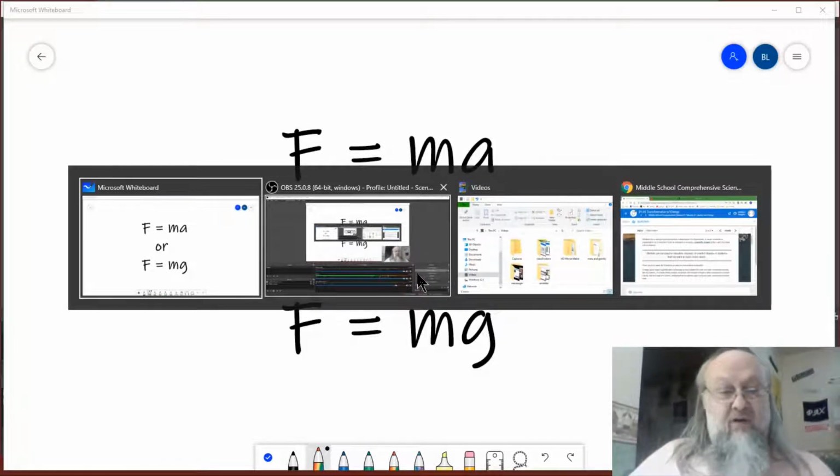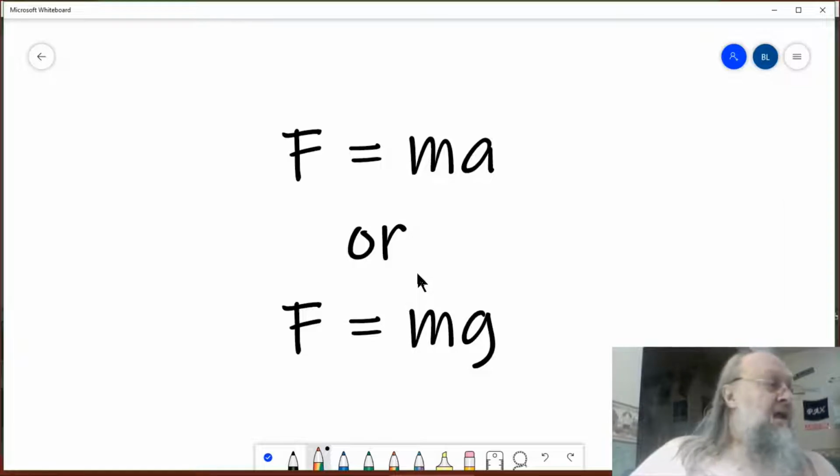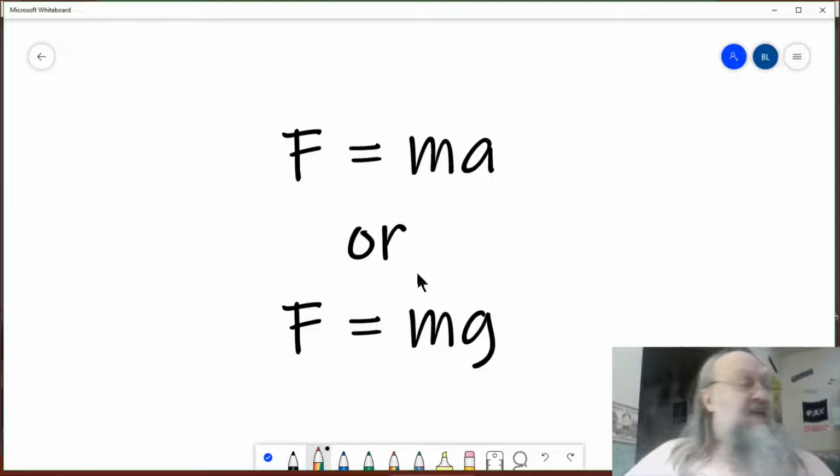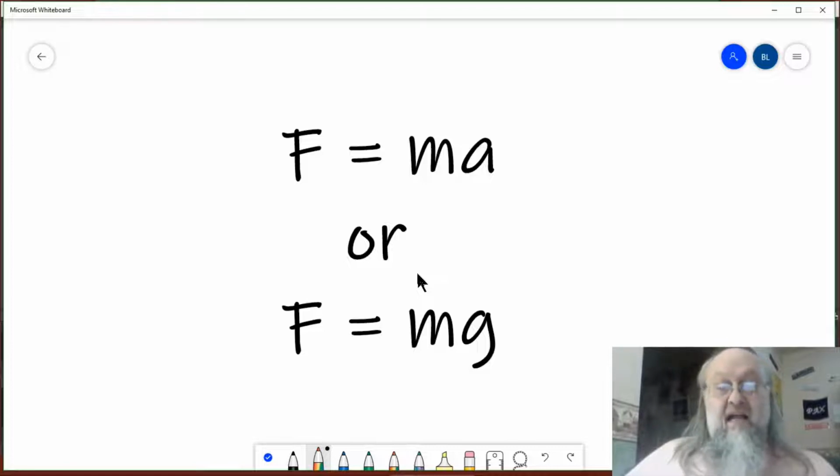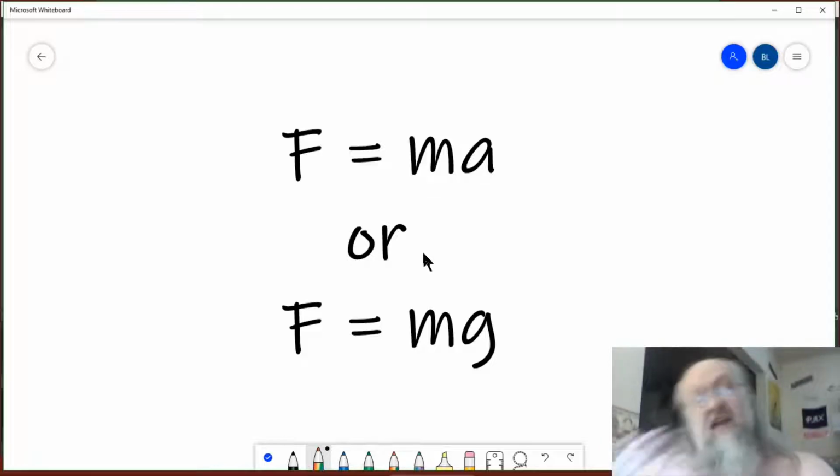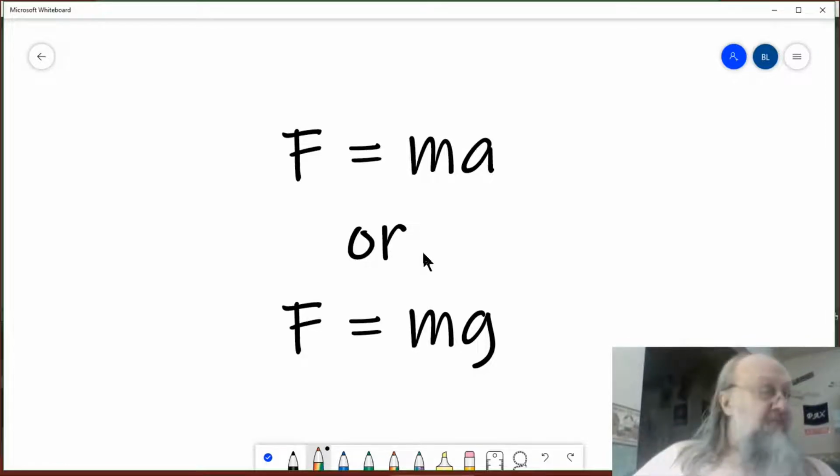I ran into a neat little quote in a paper that I was reading, Science News, called Einstein's Genius Changed Science's Perception of Gravity, because this is what we want to talk about when you get to the models, Newton's and then Einstein's model of gravity.